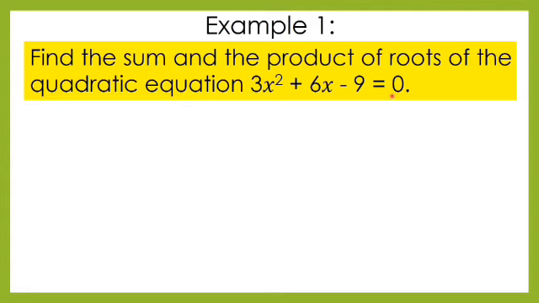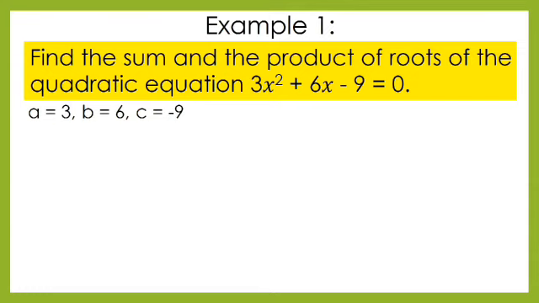To find the sum and the product of roots of this equation, let us first identify the values of a, b, and c. A is positive 3, b is positive 6, c is negative 9. Always remember that the quadratic equation must be in standard form before identifying the values of a, b, and c.